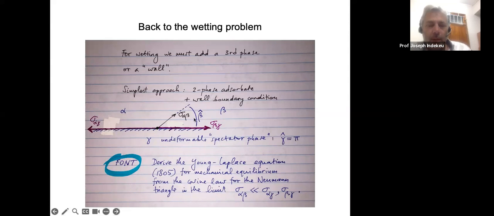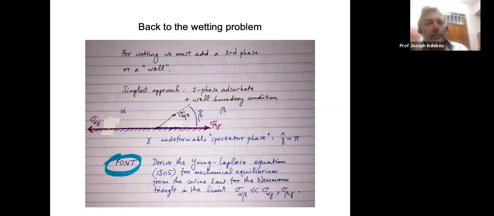So the whole idea is that we look only at the horizontal components of these forces because the substrate is presumably undeformable.